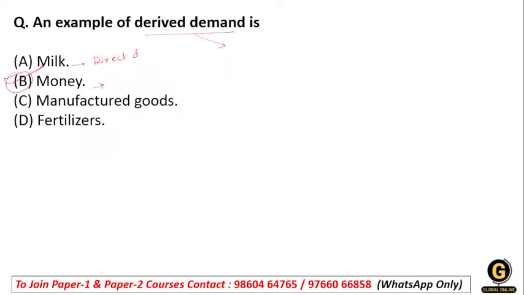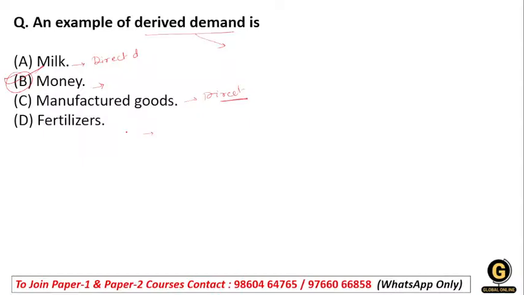Manufactured goods we also consider a direct demand, student. They are used directly by the consumer. Fertilizer is also derived demand to some extent, as it is needed due to the demand for agricultural products. But money is the more fundamental example of derived demand.